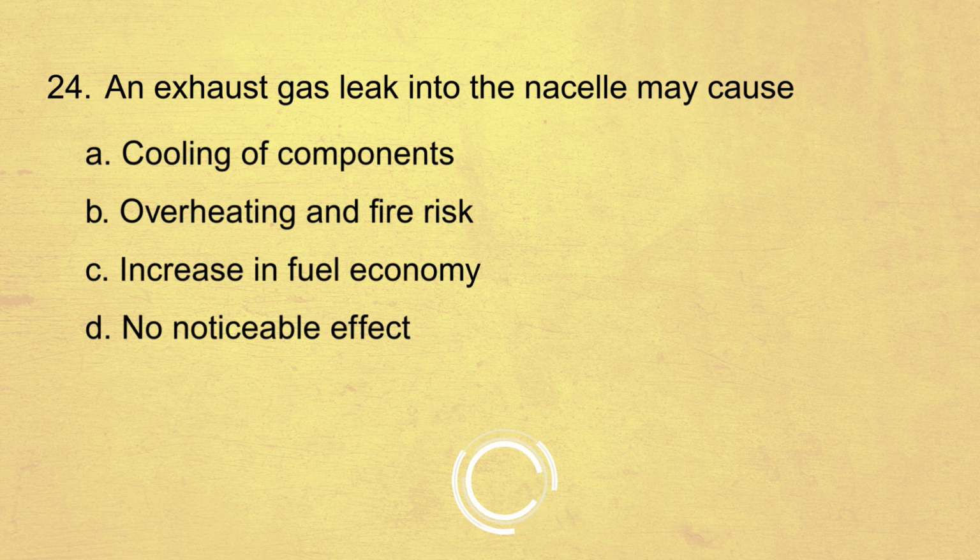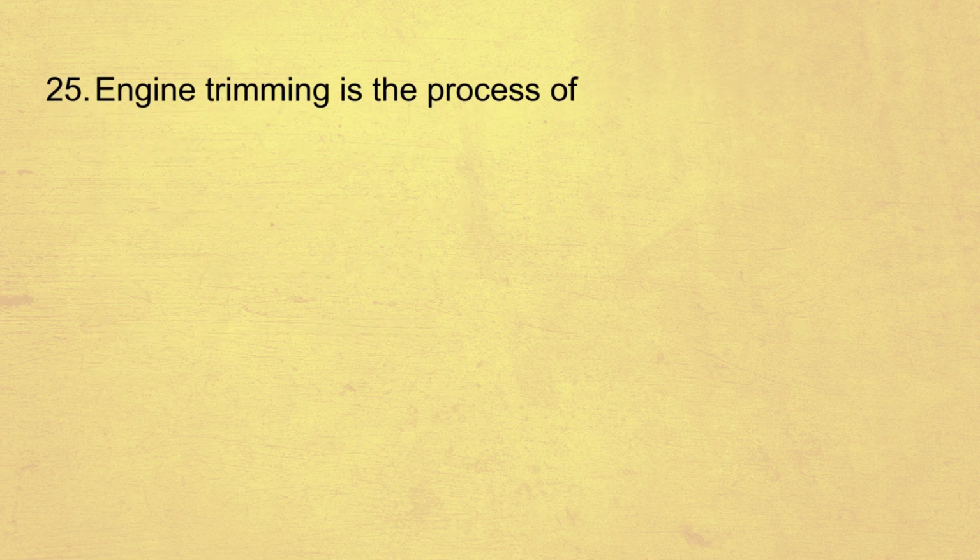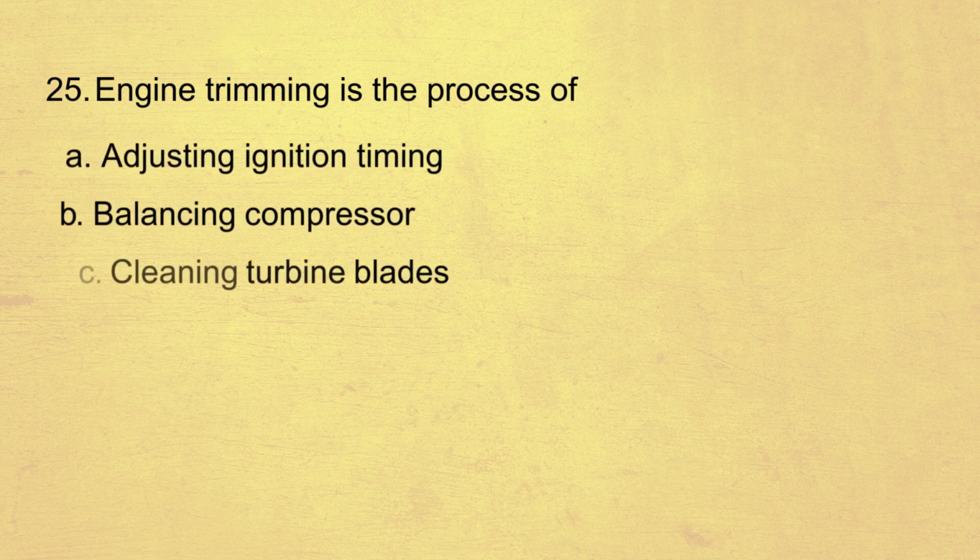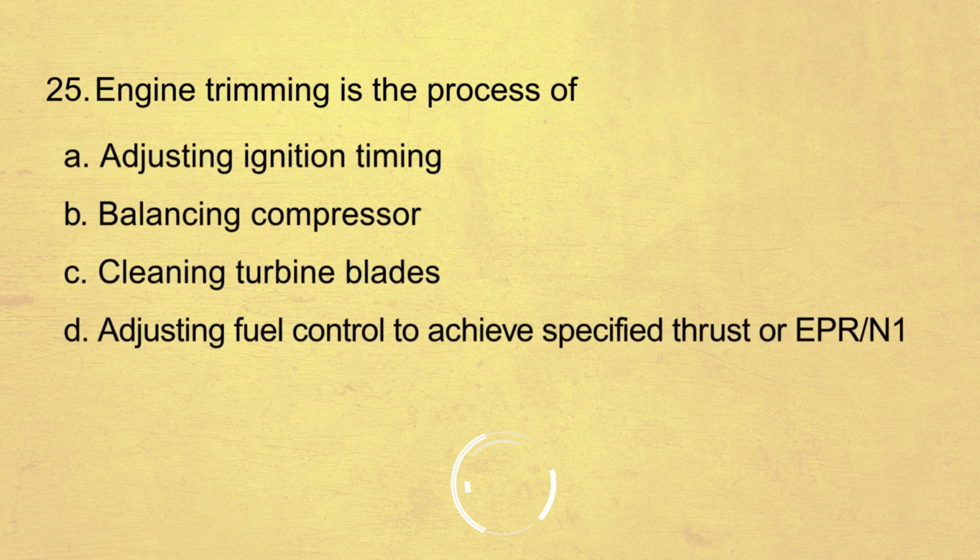An exhaust gas leak into the nacelle may cause overheating and fire risk. Engine trimming is the process of adjusting fuel control to achieve specified thrust or EPR by N1.